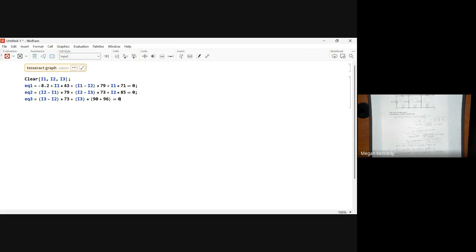That is all. So now all we've done is put the equations that we've already solved by hand on paper into Mathematica. Now I set answer equal to Solve, and I make Mathematica solve for equation 1, equation 2, equation 3 for I1, I2, and I3.